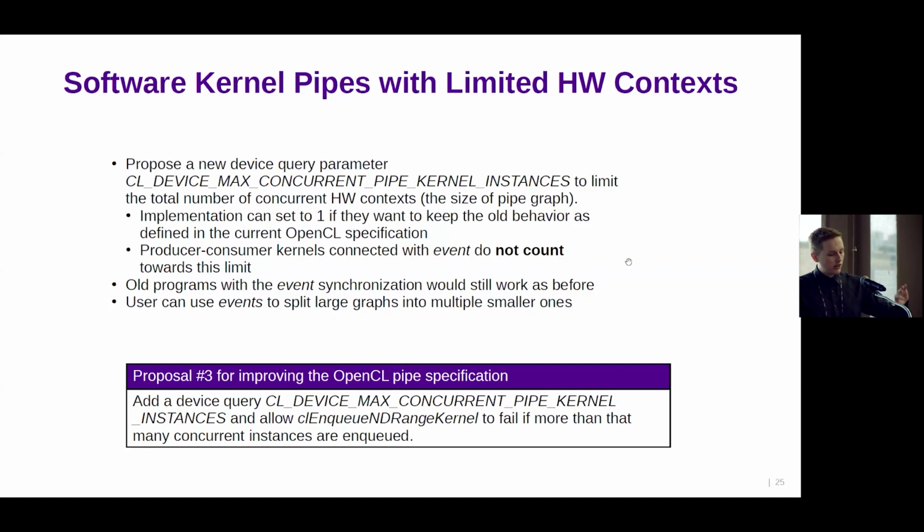How many nodes can the graph have without event synchronizations in between? Because then those will pass through. And if the implementer sets this to 1, then it's equivalent to the old behavior, where the user shouldn't expect that the data will get through, because the implementation says that it can only support one hardware context for this.